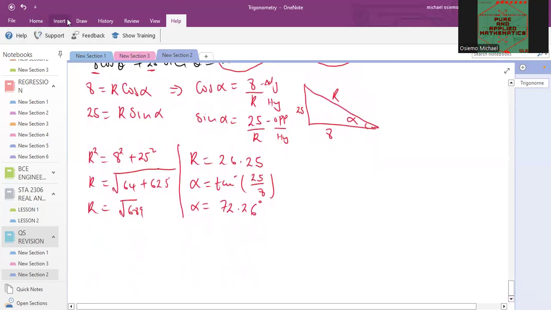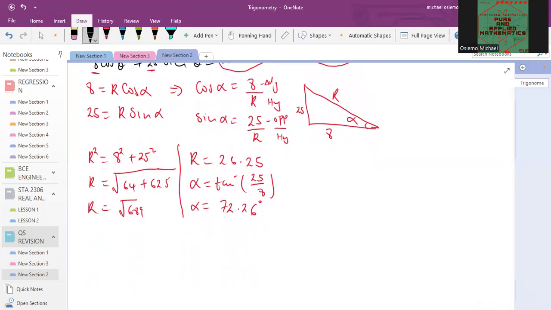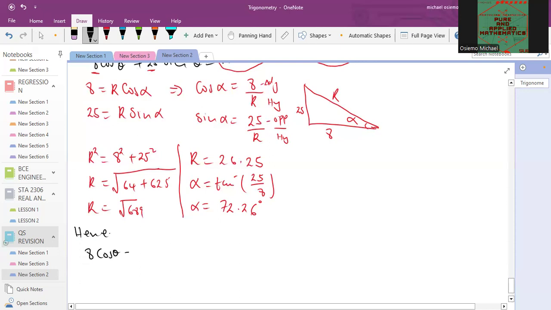So hence the equation 8 cos theta plus 25 sin theta is equal to our r, which is 26.25, times cos of theta minus alpha, which is 72.26.